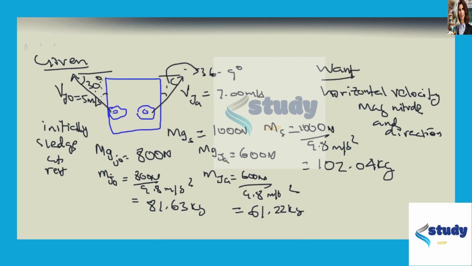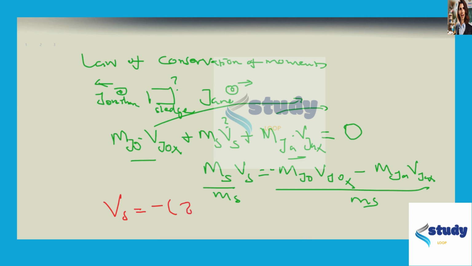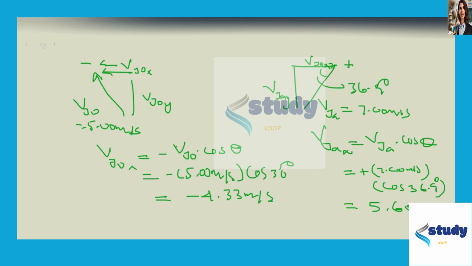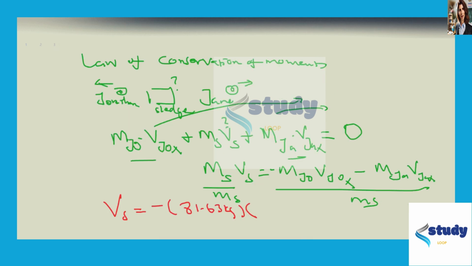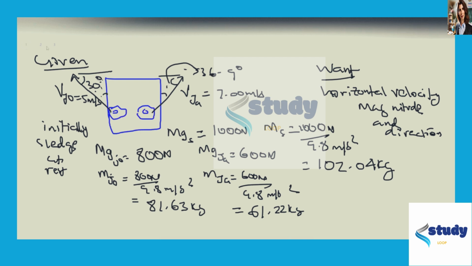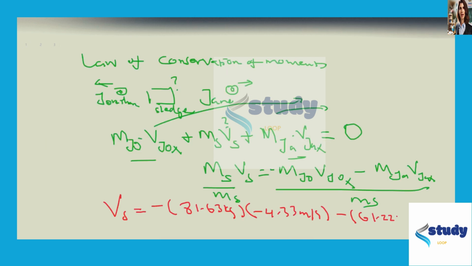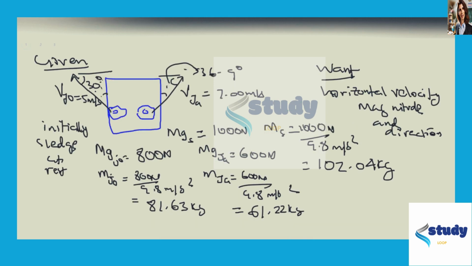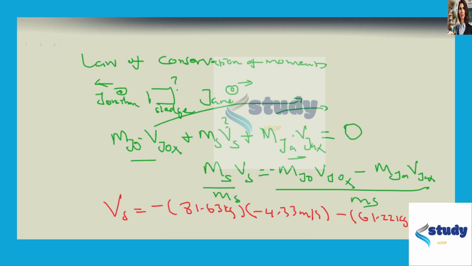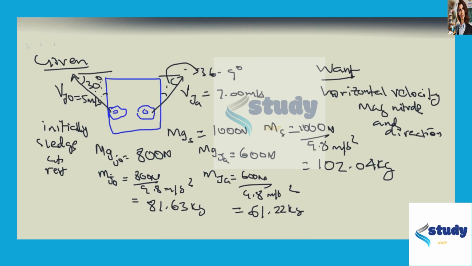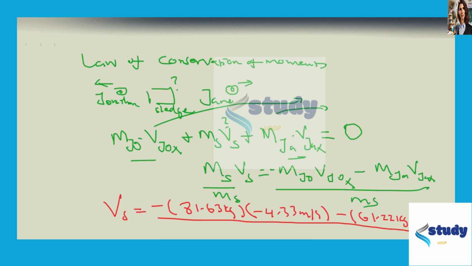We go back and get the mass of Jonathan, 81.63 kilograms, times velocity of Jonathan in the x, which is negative 4.33 meters per second, and then minus Jane, 61.22 kilograms, and the velocity of Jane in the x, which is 5.60 meters per second, divided by the mass of the sledge, 102.04.